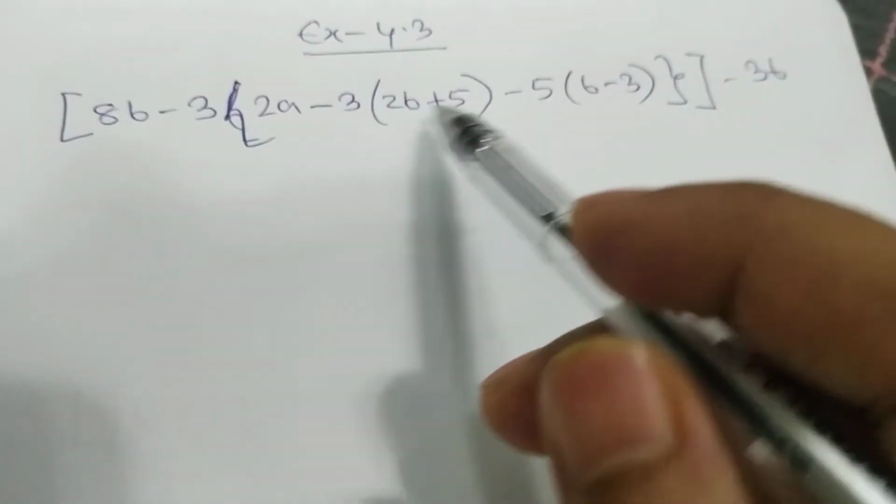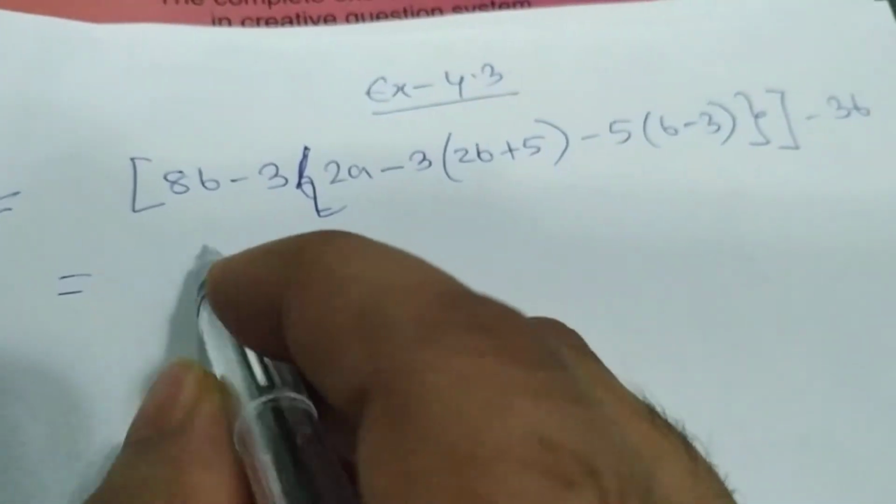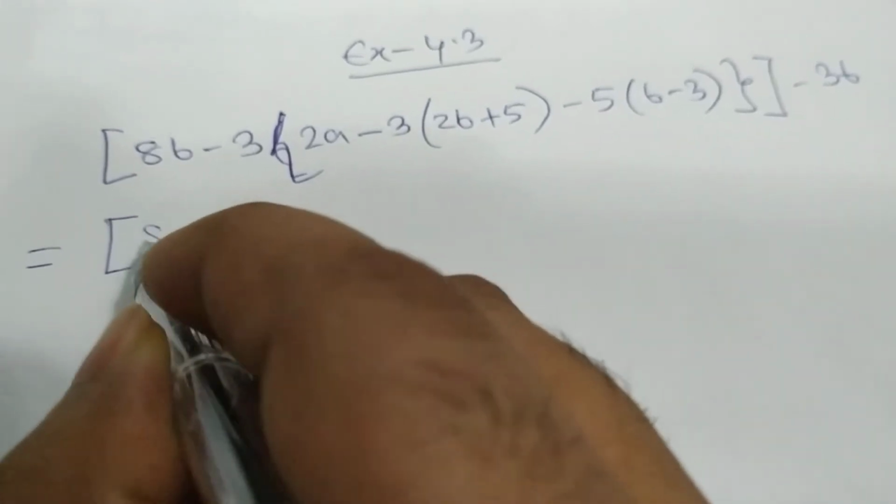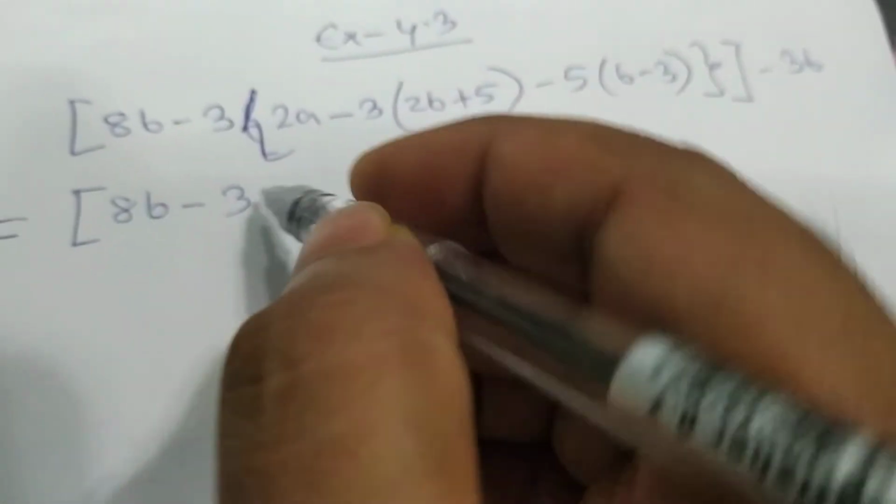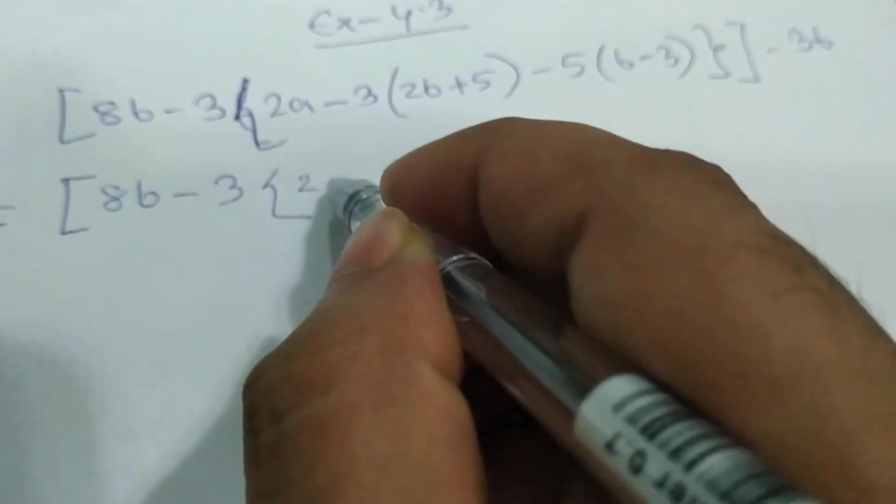So as I said, we need to prioritize the first brackets first, so we keep the third bracket as it is, equals to 8b minus 3, then 2a.